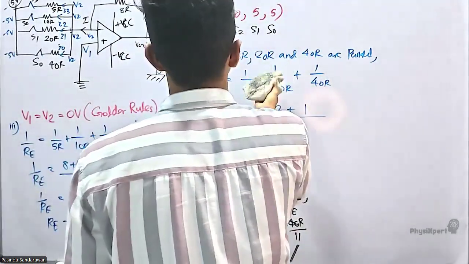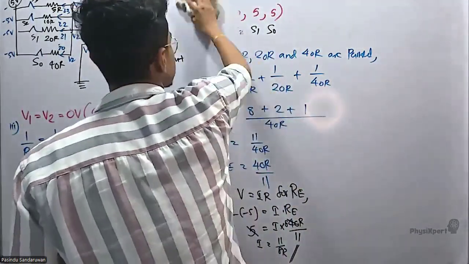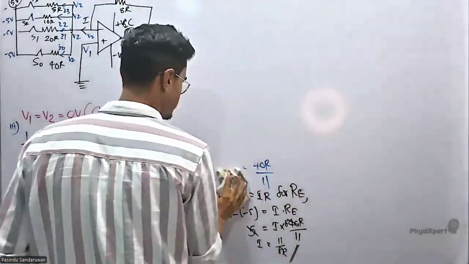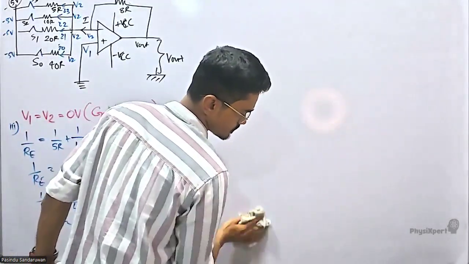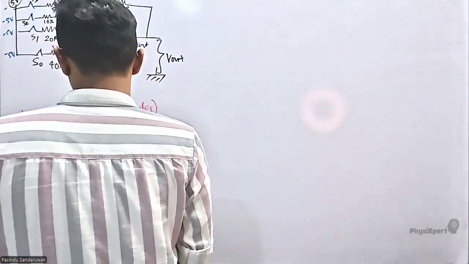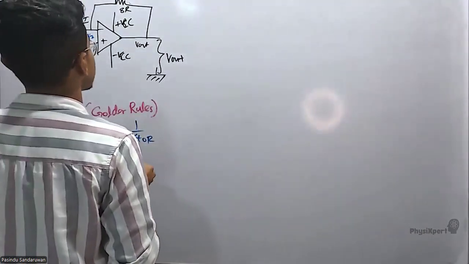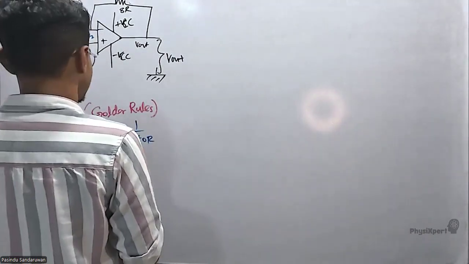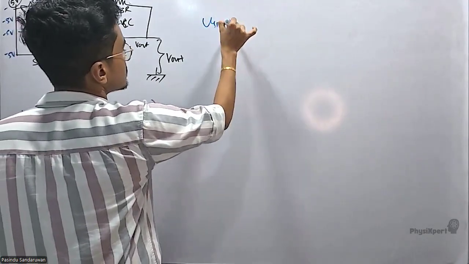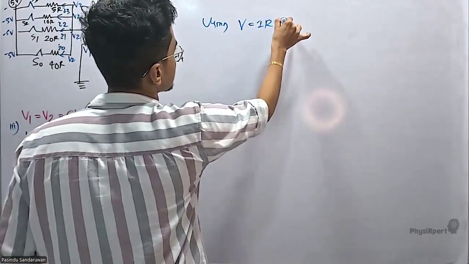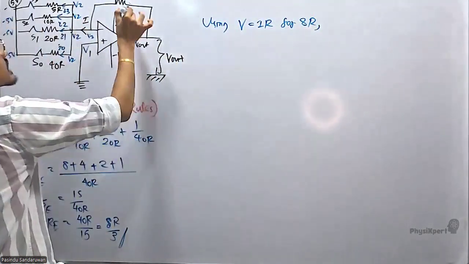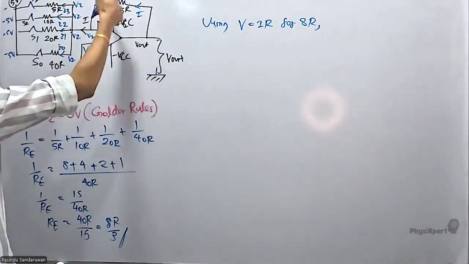Yeah, let's see. I'll be erasing this. Right, now using V equals IR for 8R over 3. See, if this is I, current flows in this direction through 8R over 3.